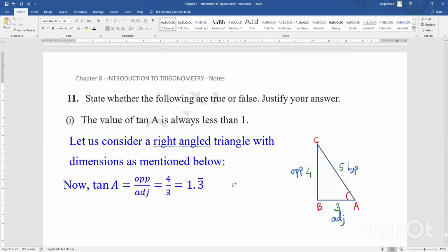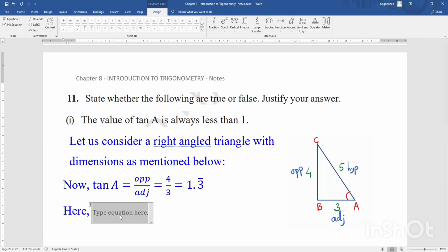Now this 1.3 bar, I told you, is greater than 1. So here, 1.3 is greater than 1.